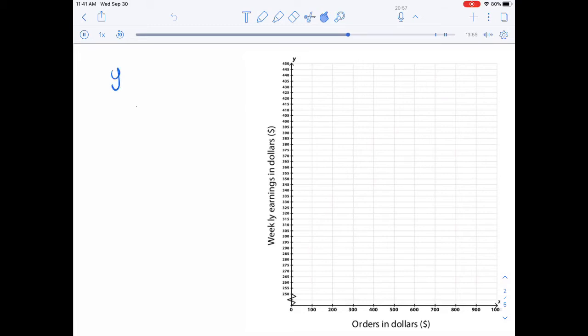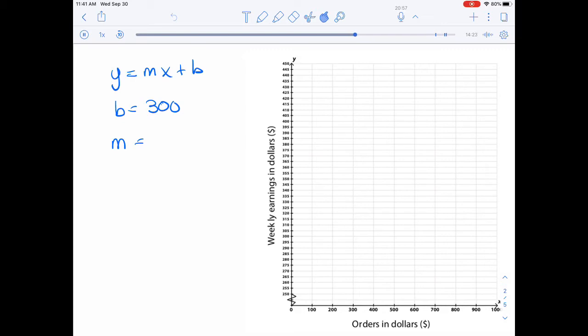y is equal to mx plus b. b is her constant. She is going to earn $300 a week at the grocery store. And she's going to earn an additional, so her slope is going to be 5% commission on the total cost. Let's think about this 5%.